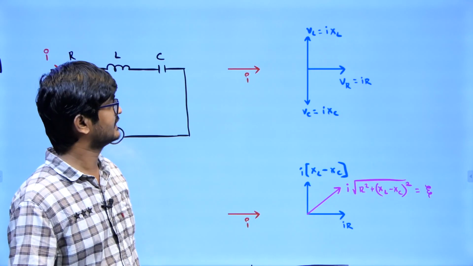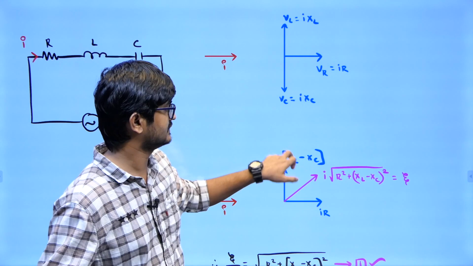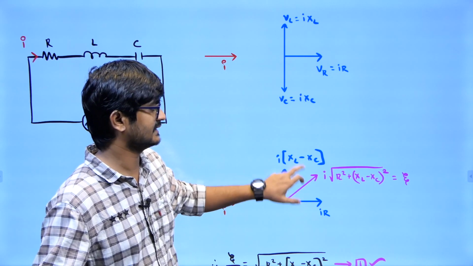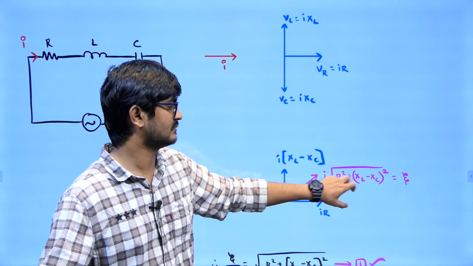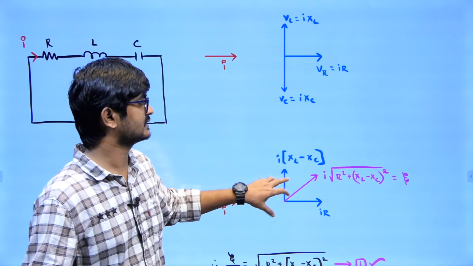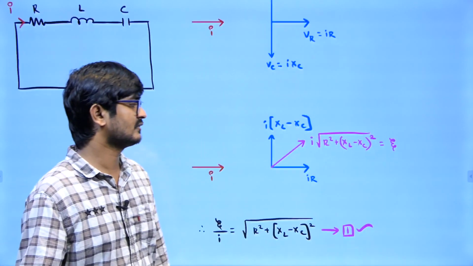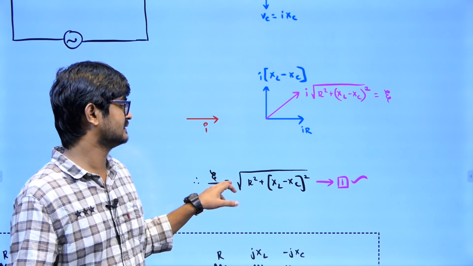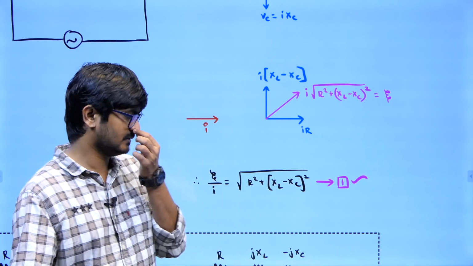Now if you find the resultant of these three, the entire stuff will look like I into root of R square plus (XL minus XC) whole square. But the resultant of all the voltages must give me the source voltage, that is easy. Everyone must be knowing root of R square plus (XL minus XC) whole square.